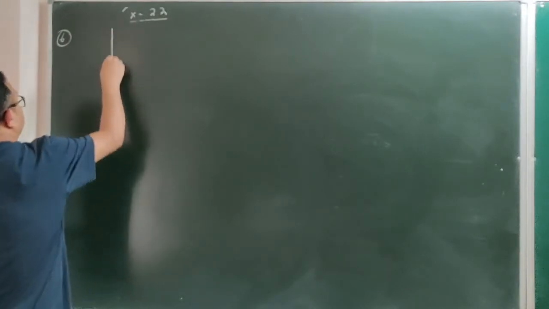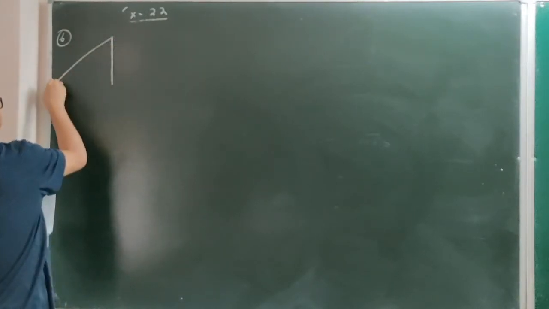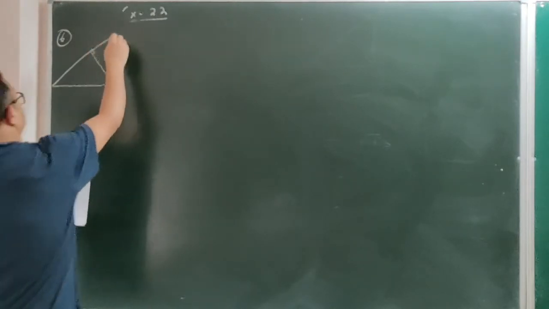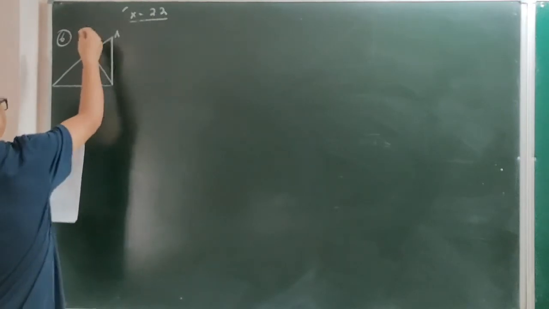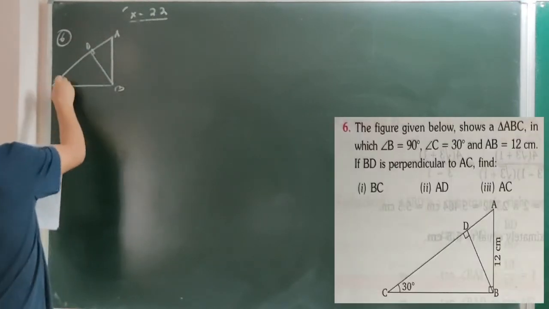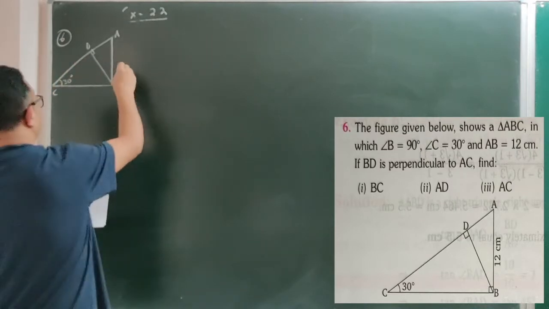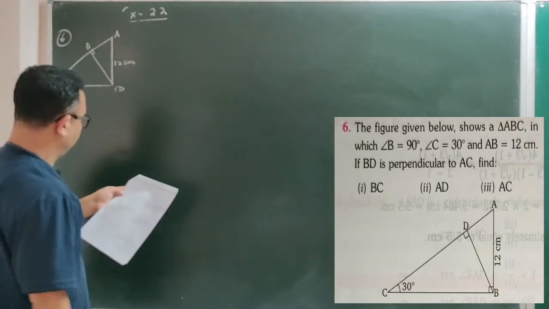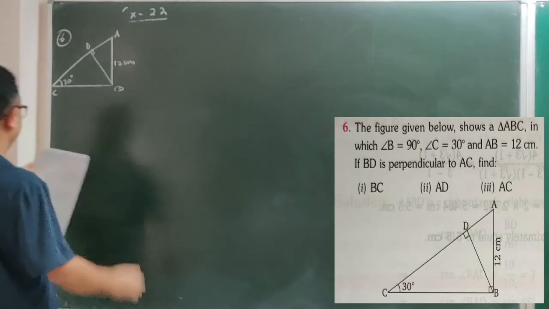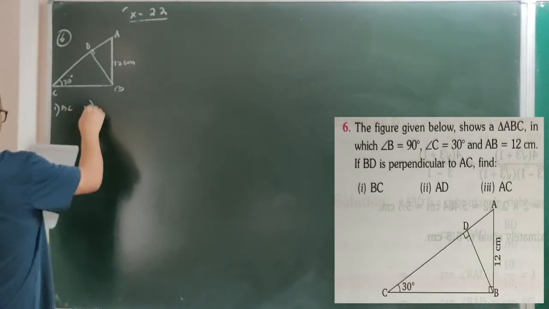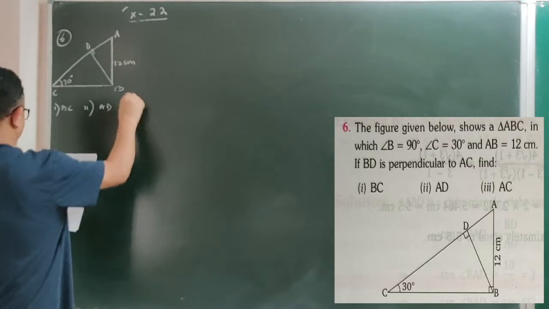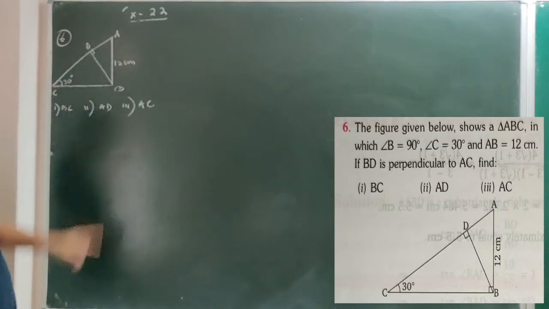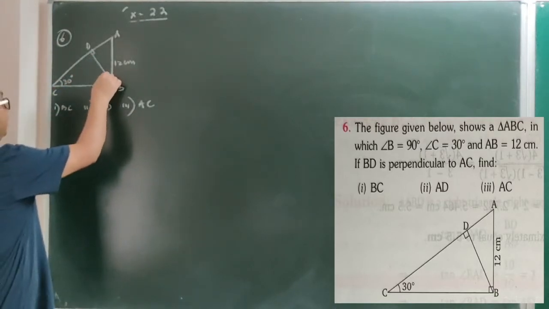In question number 6, you have a triangle like this. Here you can see this angle is given 90 and this angle B is also 90.